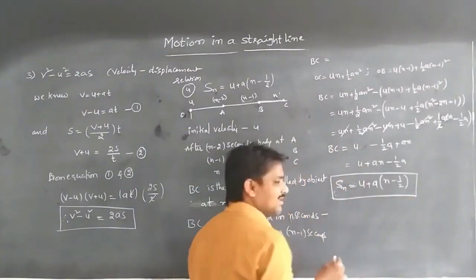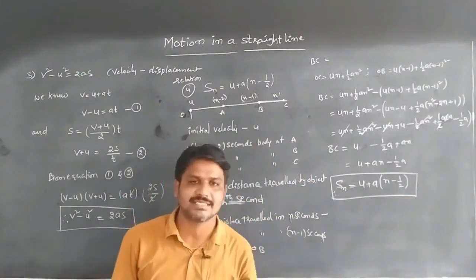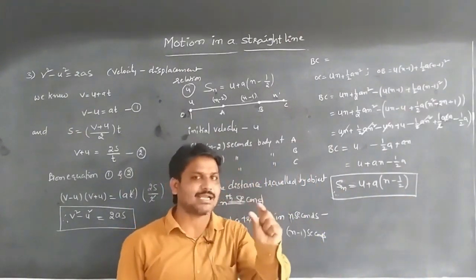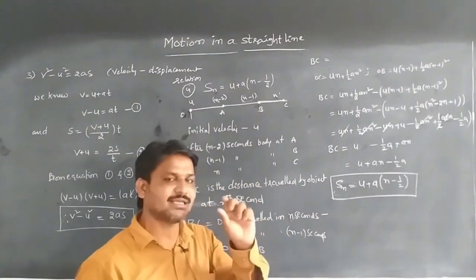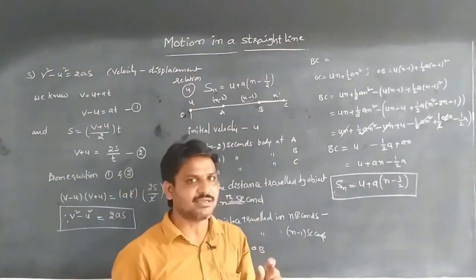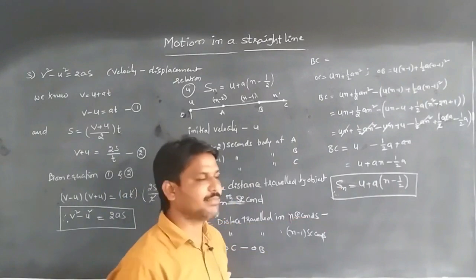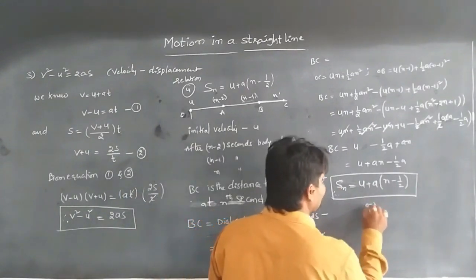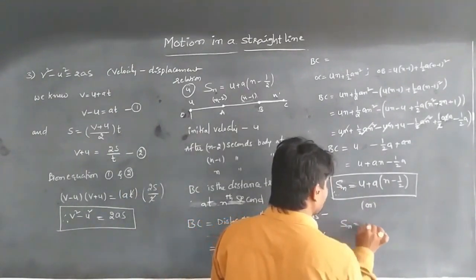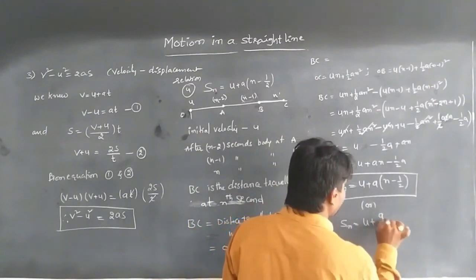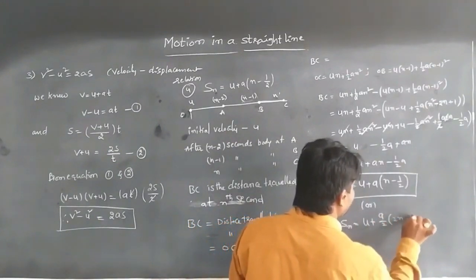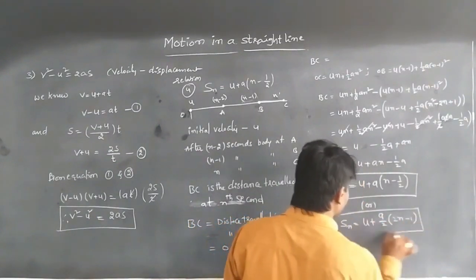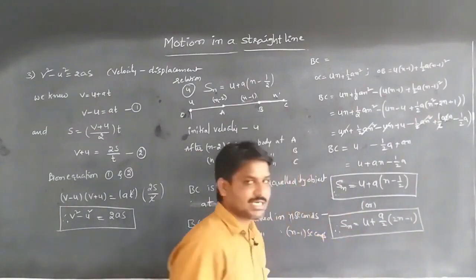When a body has travelled a certain distance, to find the distance at a particular nth second, we will use this formula. This formula can also be written as Sn is equal to U plus A by 2 into 2n minus 1. This is also a formula for the nth second.